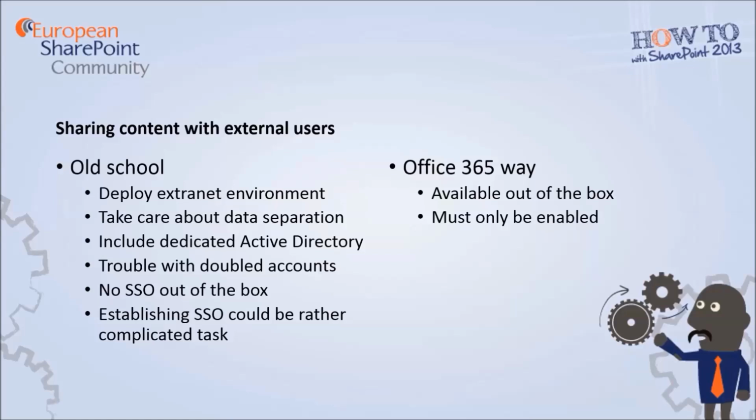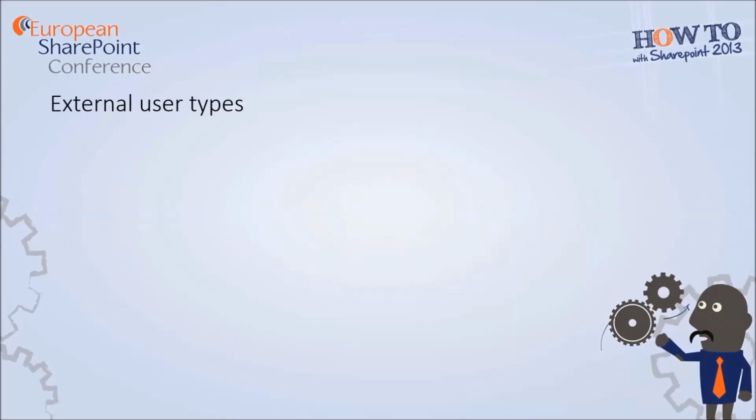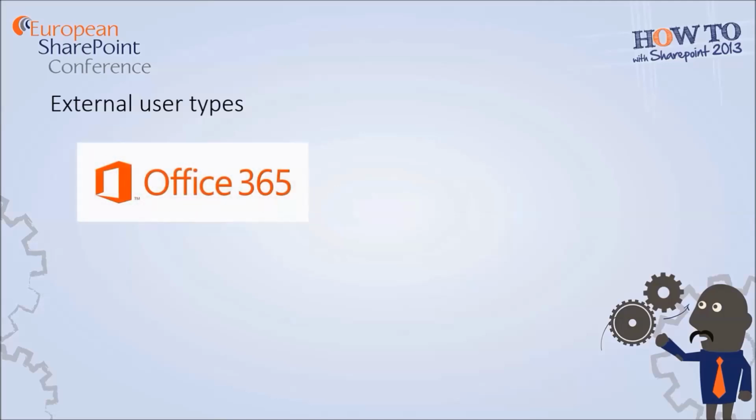And now we are coming to the point. Support for sharing content with external users is already there for you to use. However, we have to live with some limitations. We have the following types of external users in SharePoint Online. We can use Microsoft Office 365 users from a different tenant.